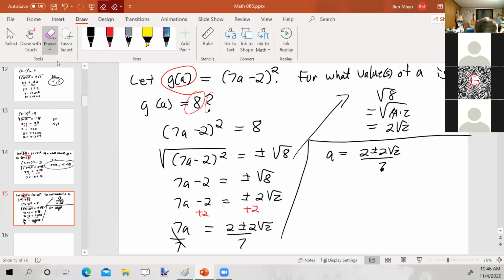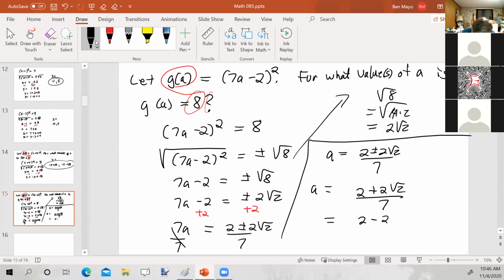Now, let's see. My answers would be 2 plus 2 square roots of 2 over 7 and 2 minus 2 square roots of 2 all over 7. And again, those separated by a comma. Any questions about that one?